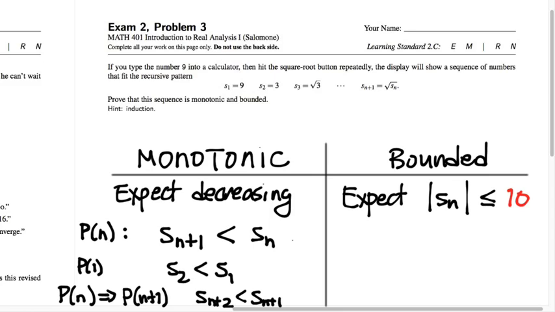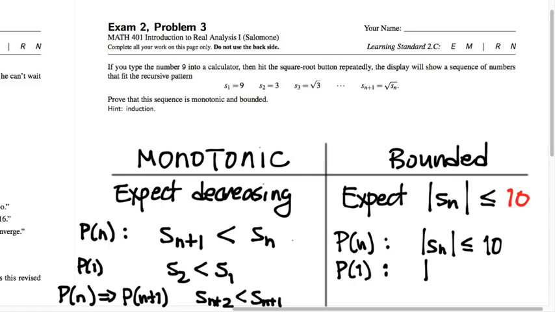And then, of course, that structure is your induction. So the nth proposition is that the absolute value of Sn is less than or equal to 10. The base case that you would have to establish directly is that the absolute value of the first term is less than or equal to 10. And the inductive case, we need to show that the nth term being bounded above by 10 implies that the n plus first term is bounded above by 10.